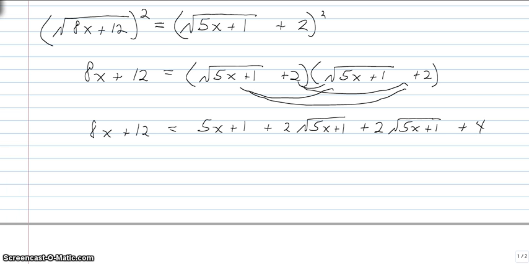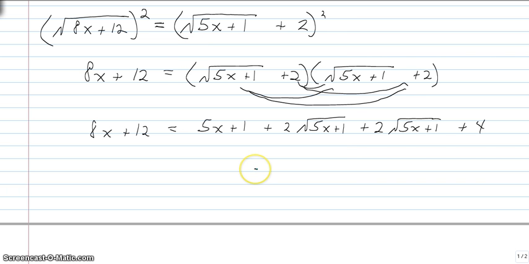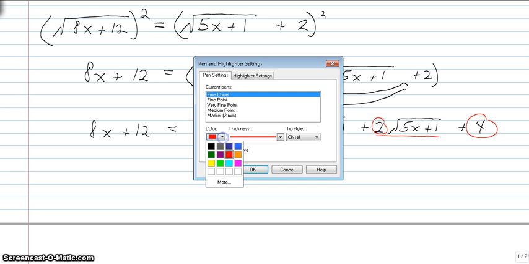Now we've got some like terms that we can add. We've got plus 1 and plus 4, which add up to 5. And then we've got this radical and this radical. They're like radicals, so we can add the coefficients, which add up to 4.